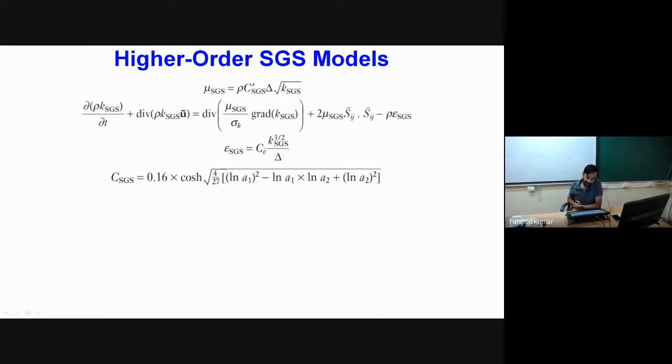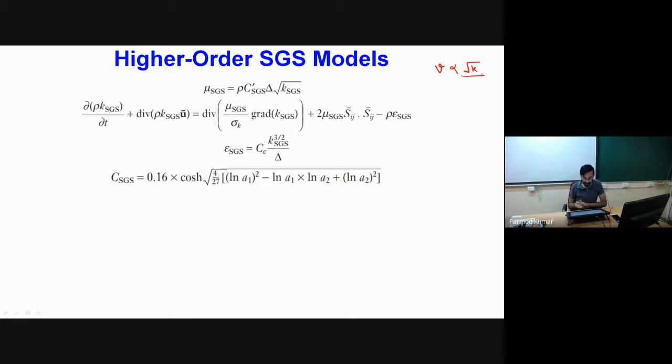So in the case of higher order SGS models, what additional thing was done? Basically, the change was made in our velocity scale. Earlier we were writing the velocity scale as delta into mod of S bar. Now the velocity scale is made proportional to square root of K, where K is the turbulent kinetic energy.